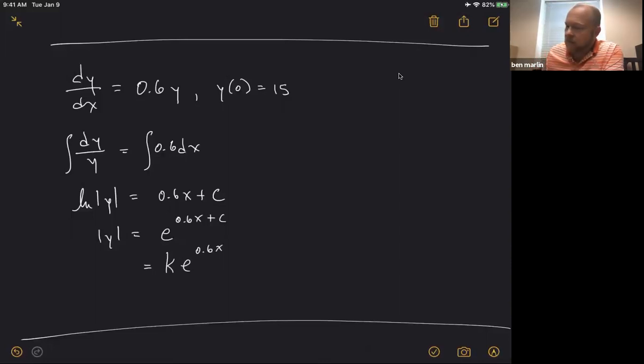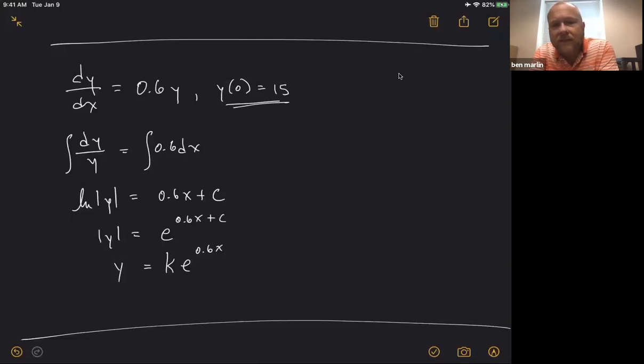Now, a tricky bit here is I always go ahead and just work with y equals at this point, okay? The reason that it's a little bit tricky is that if you had an initial condition up here, where the y of 0 was set equal to a negative number, then just dropping the absolute values kind of doesn't make entirely a lot of sense.